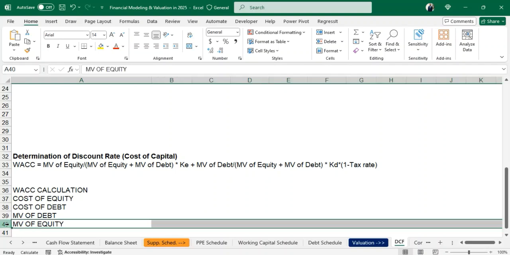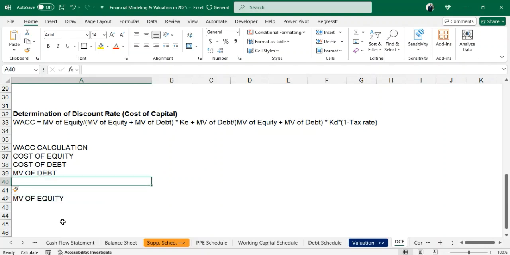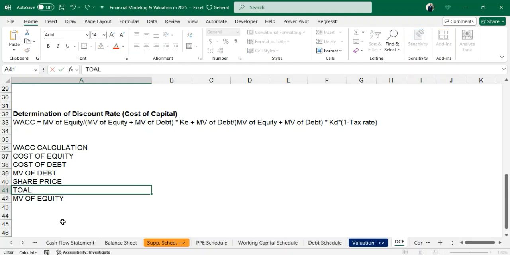So quickly we can insert those variables. In order to calculate the market value of equity, we need our current share price and the total number of shares outstanding.